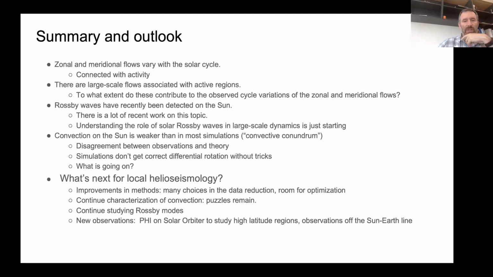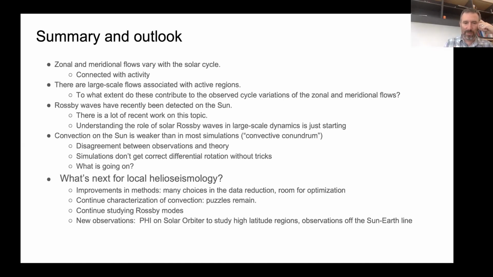Currently, there are a lot of choices that get made in the process of data reduction. And those choices are usually made on the basis of intuition, which is often a very good thing. At the same time, I think there's room for optimization still.